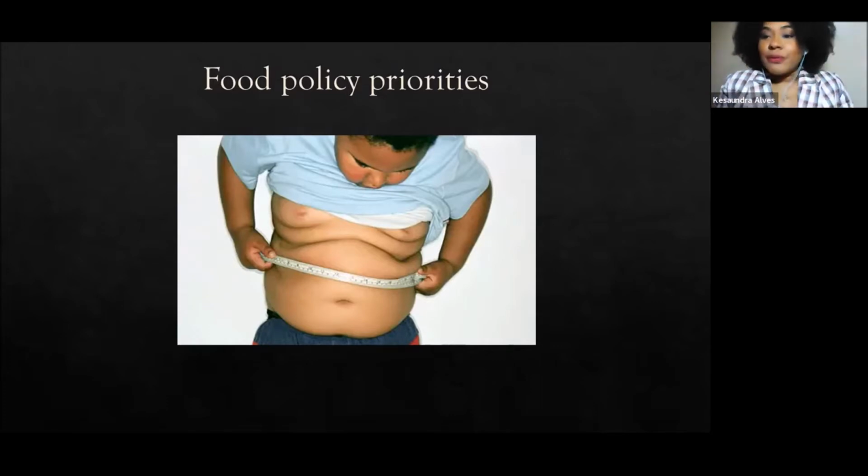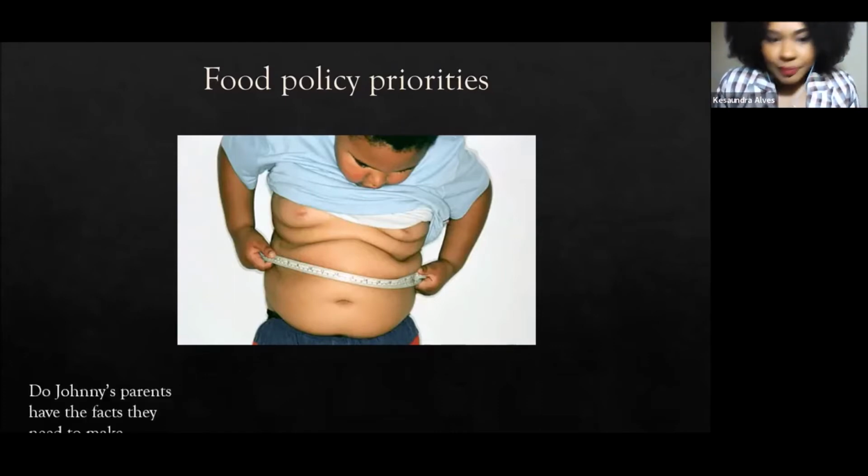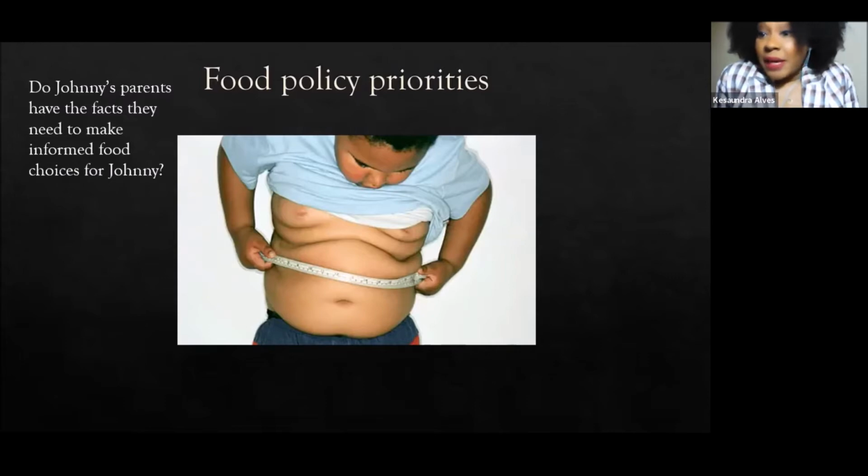And there are a number of issues. It could be the environment, as the panelists talked about just now. A number of things come to mind when you look at this child. I just want you to open your mind and think about it. Why is this child overweight? Could it be that, let's call him little Johnny, little Johnny's parents don't have the information they need to make informed food choices for Johnny and possibly even themselves?